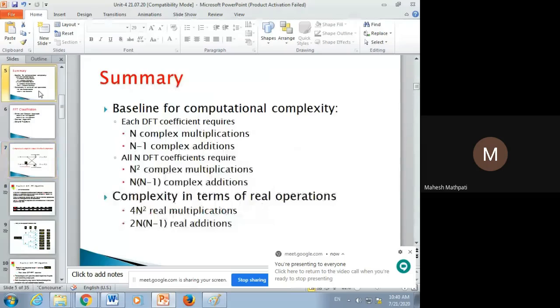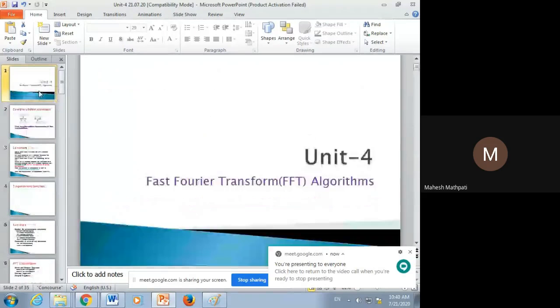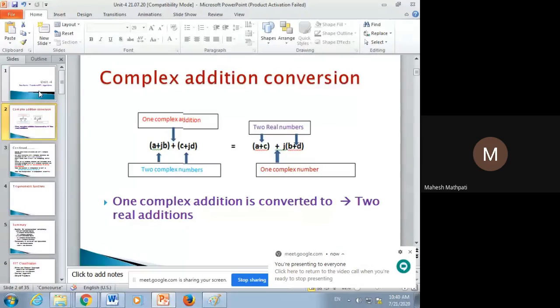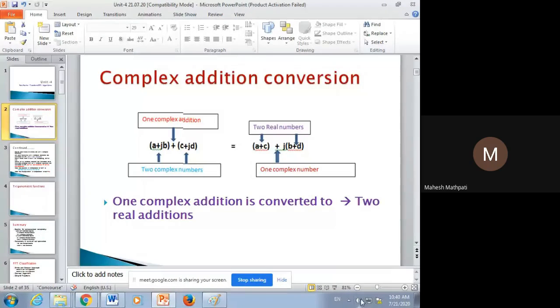What we have seen in the last lecture is that we have calculated the total number of real numbers required, and the real multiplications and additions required. Now this title, I think you have all written. Have you taken this title? Yes, sir.